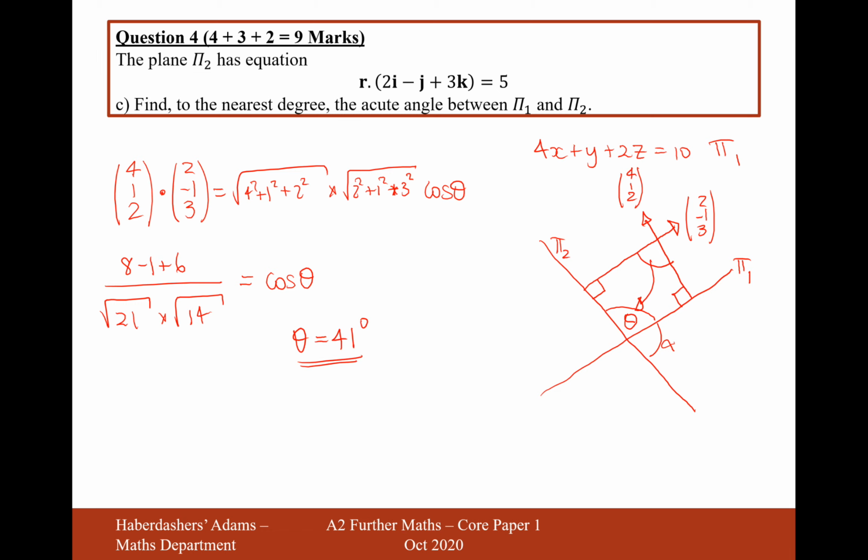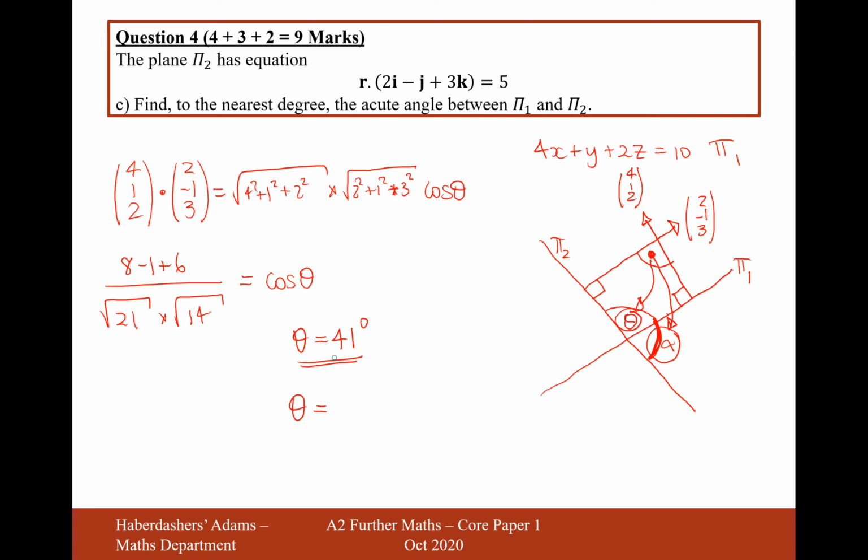Theta equals 41 degrees. So if we do 180, we'll get this angle here, but then if we do 180 again, we'll get this angle here. So basically this angle that's up here is exactly equal to this angle down here. So we could say therefore that the angle between the two planes in this position here is 41 degrees.